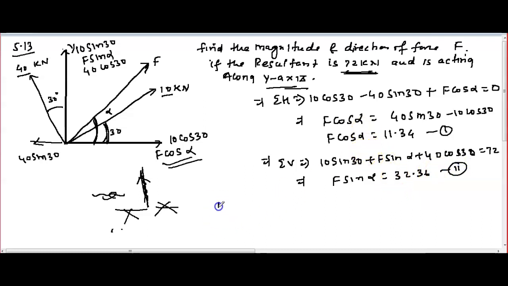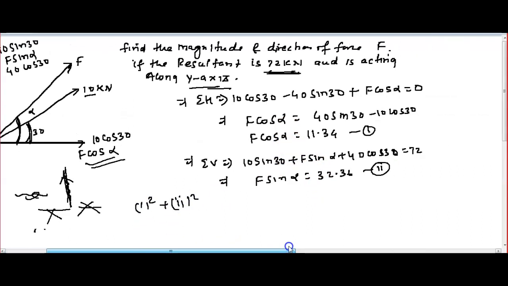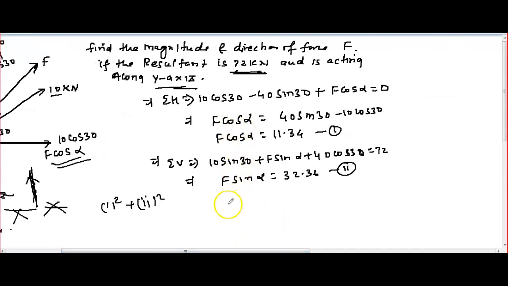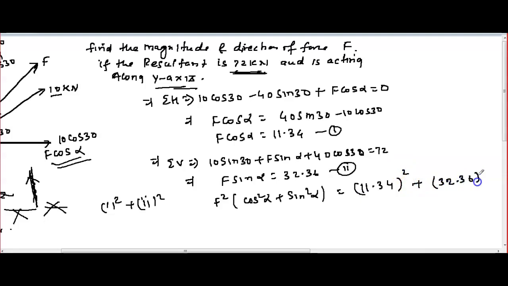So if you square equation 1 and square equation 2 and add them, what will you get? F square outside, times cos square alpha plus sin square alpha, is equal to 11.34 whole square plus 32.36 whole square.